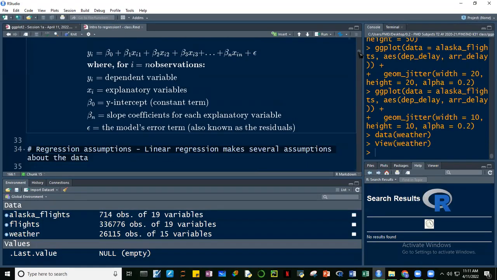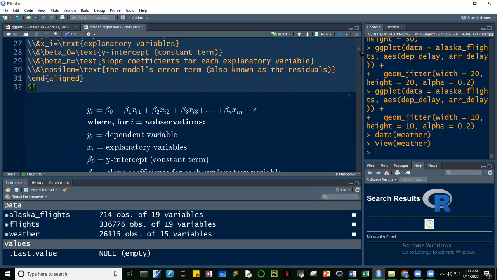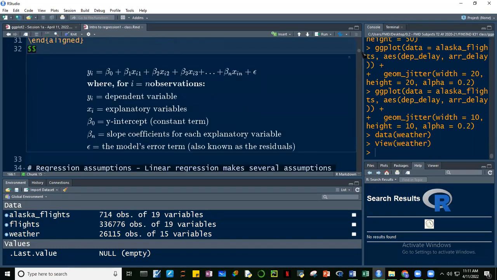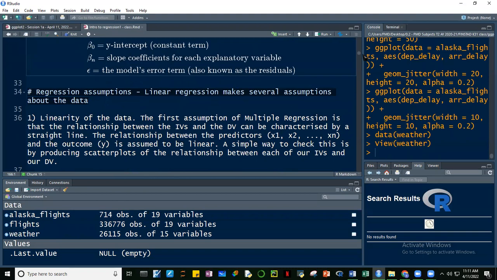So far, what we have discussed in our lesson on multiple regression is the structural form of our regression line. We have learned also about the assumptions. These are very important assumptions.